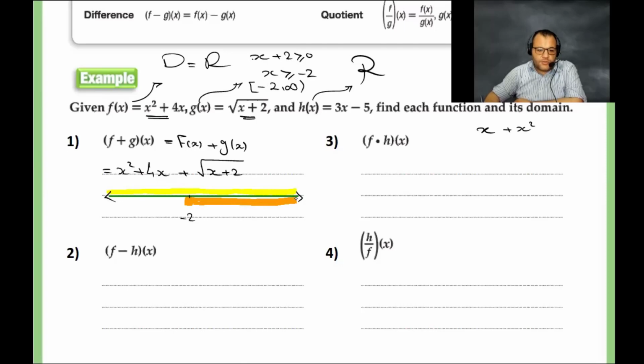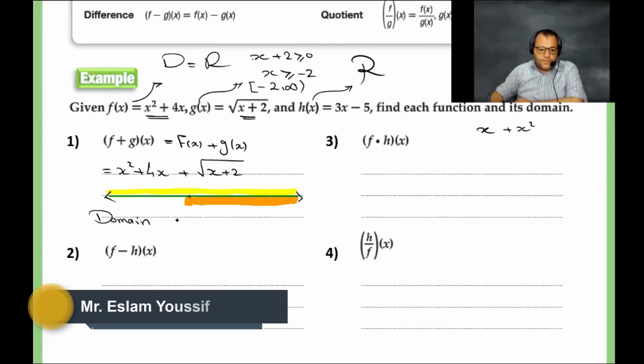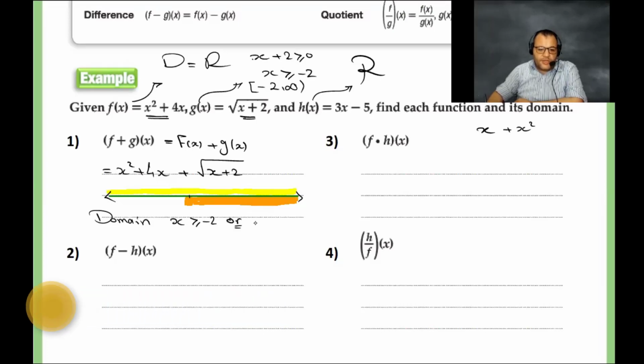What is the common part between them? Greater than or equal to -2. So the domain will be x greater than or equal to -2, or you can write it as -2 to positive infinity. This one is closed and this one is open.